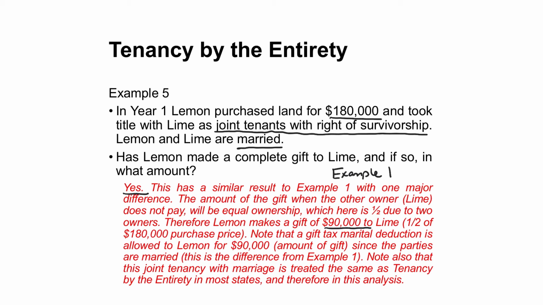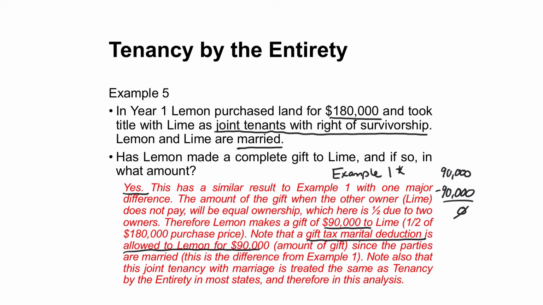But the key difference is that now, since they're married, it's going to be $90,000 included in Lemon's gifts minus a $90,000 gift tax marital deduction, which balances out to 0. But that's how it'll be reported.